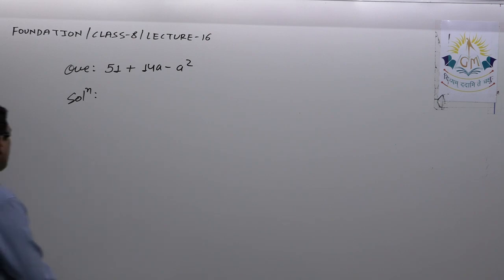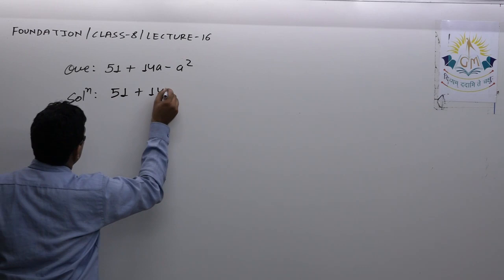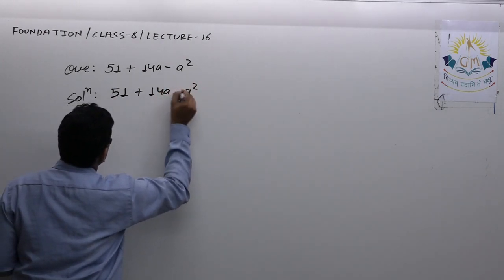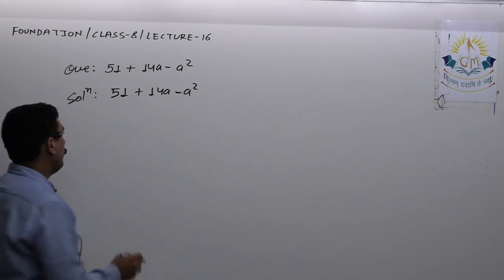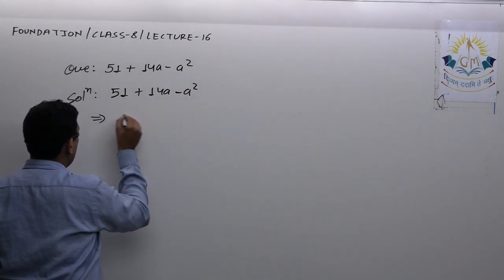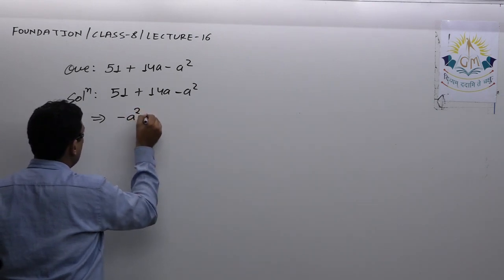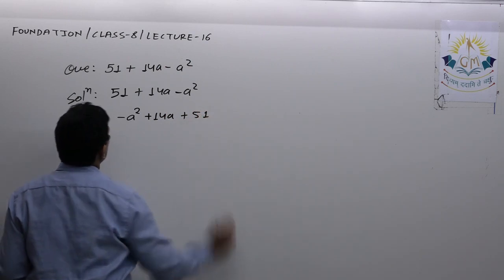Okay, so first of all, we write this sum as it is, then I will try to make it in the standard form. Standard form means first there should be the term of square. So here I write minus a square, then plus 14a plus 51.